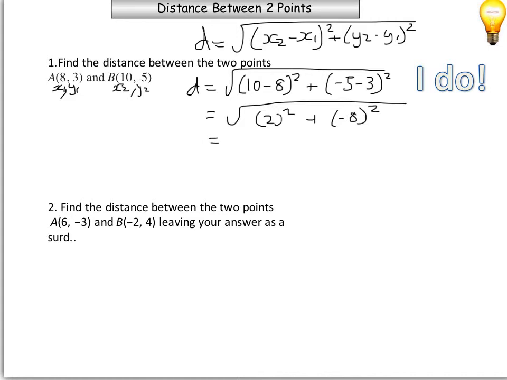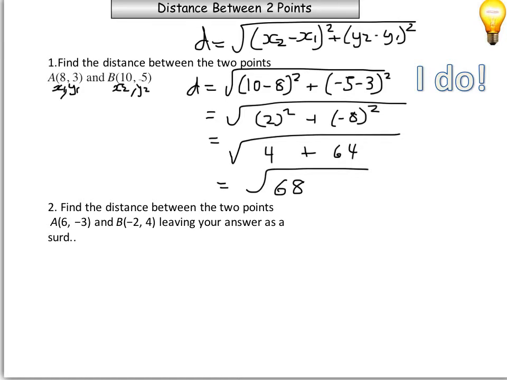Now we need to remember that negative 8 squared will actually become a positive number because we've got negative 8 times negative 8, and 2 negatives make a positive. So we continue with our square root, we get 4 plus 64, which is equal to the square root of 68. You could go on to find that as a decimal, but leaving it as a surd is more accurate. So that's how I'm going to leave it.